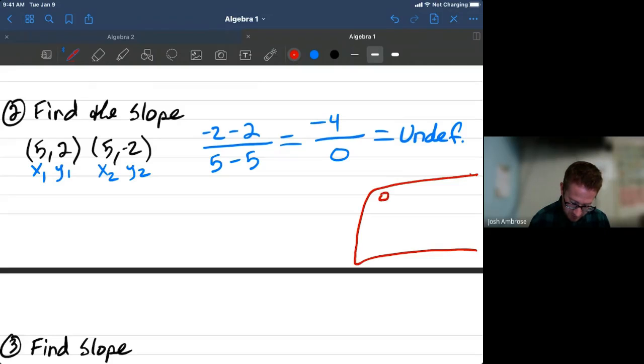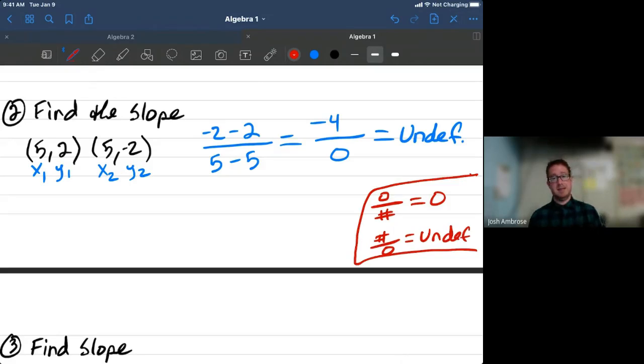If you have 0 divided by a number, it equals 0. But if you have a number divided by 0, it equals undefined. That's important. And students will get that mixed up and confused. But you won't because you're going to write that down and remember it.